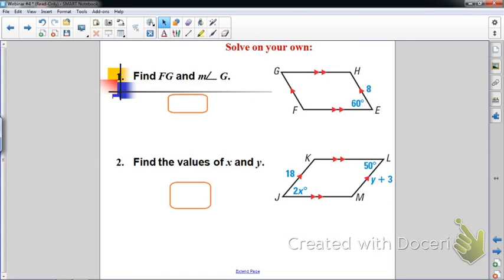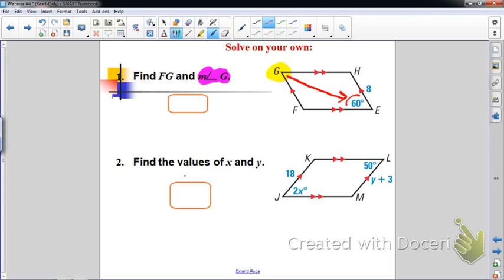So here are two more examples that we can look at really quick. Again, trying to figure out what the measurement of angle G is. G is located here, highlighted in yellow. I'm going to go across from it, and I'll be able to figure out that G is the same measurement as E, which is 60 degrees for us right here.